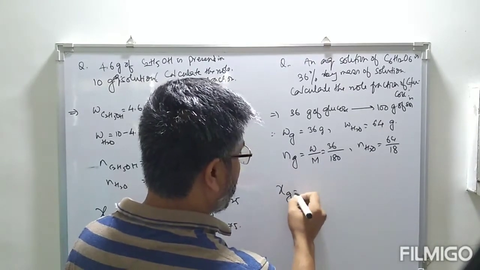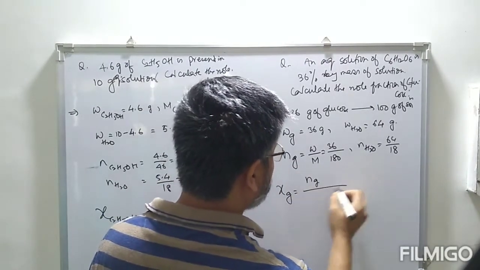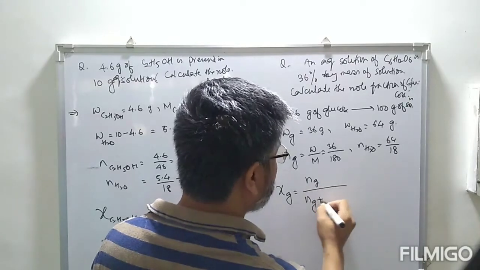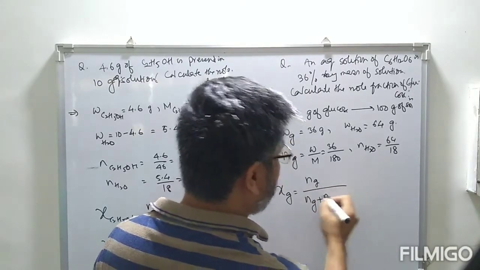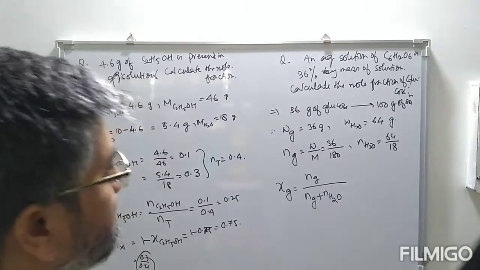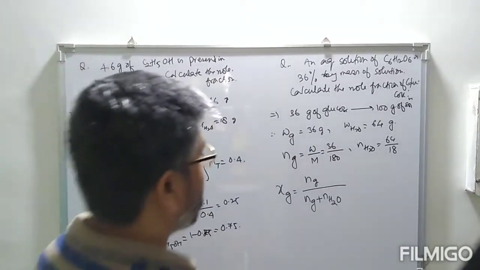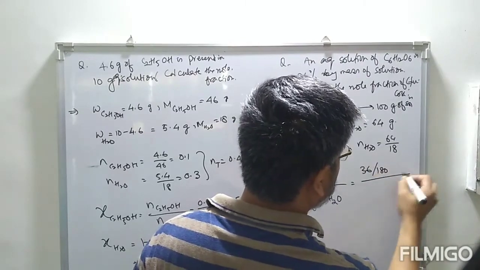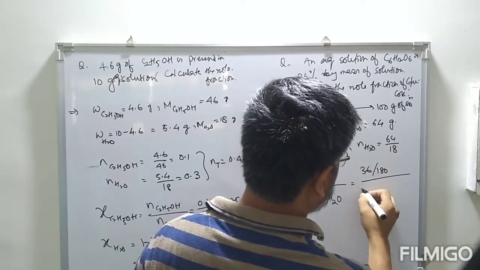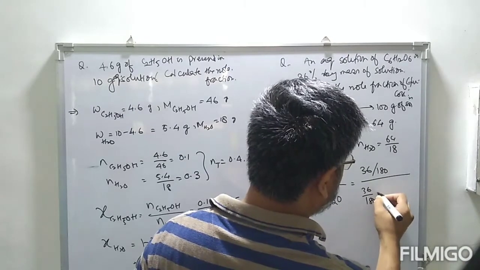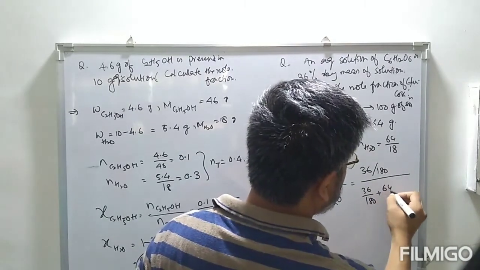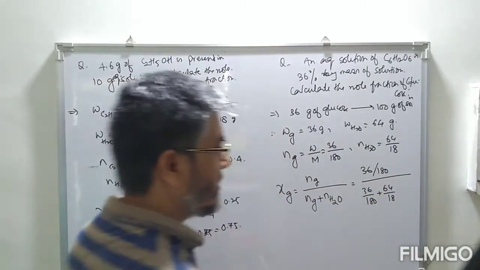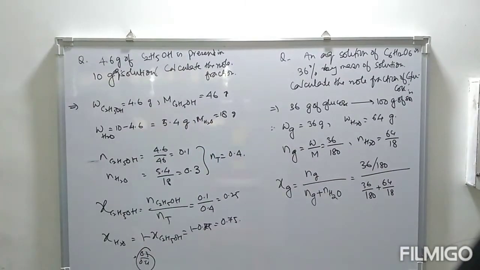So therefore, mole fraction of glucose, that is number of moles of glucose divided by number of moles of glucose plus number of moles of water. So number of moles of glucose 36 by 180. Total number of moles 36 by 180 plus 64 by 18.